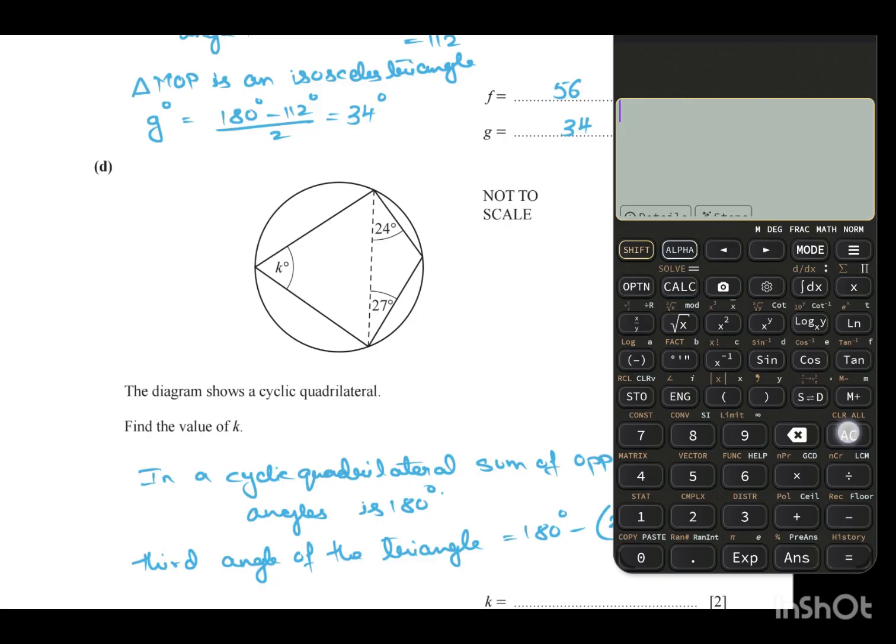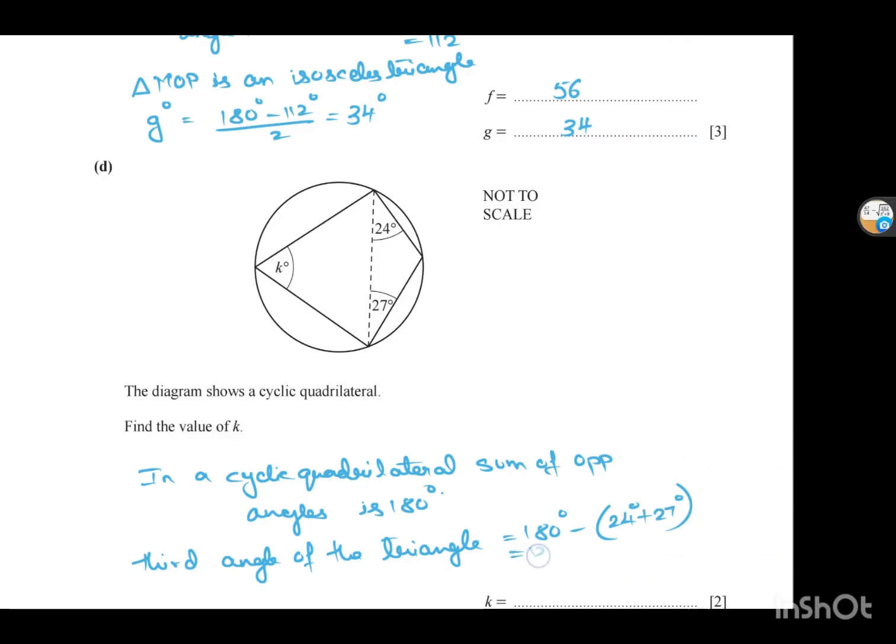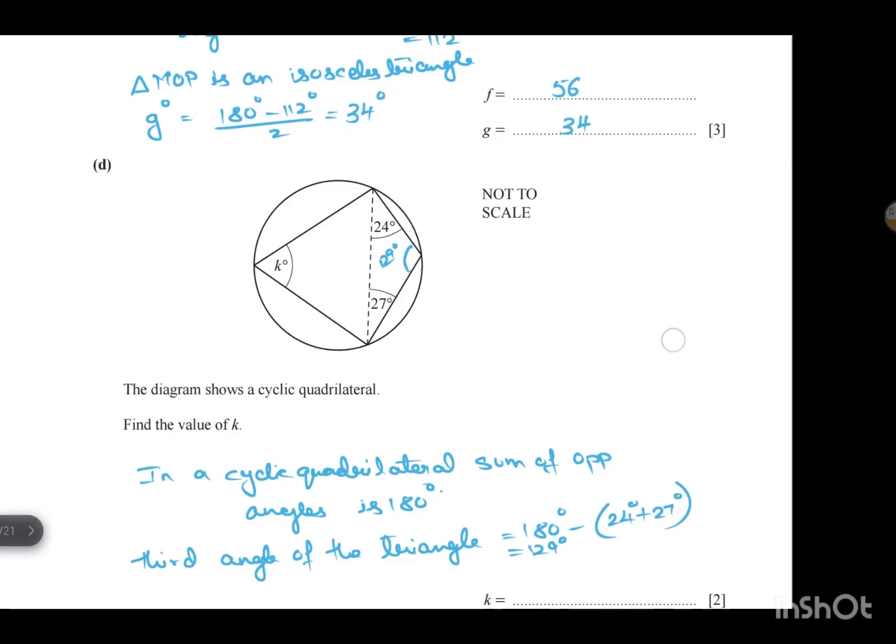Do it. 129. So this angle is 129 degrees. Now we have to find out angle K. So how to find the K value now? K is equal to 180 minus 129.